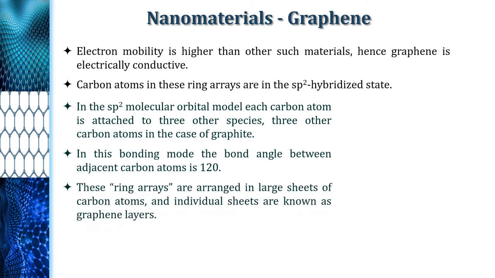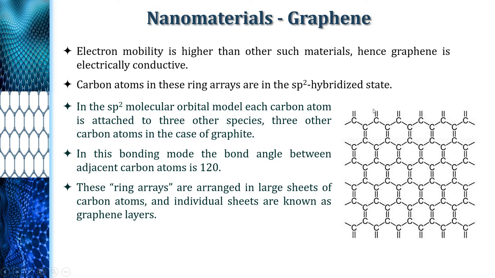In this, bonding is of sigma bond as well as pi bond with bond angles of 120 degrees. So this is how one carbon atom is bonded to 3 other carbon atoms with sigma bonds as well as pi bonds.